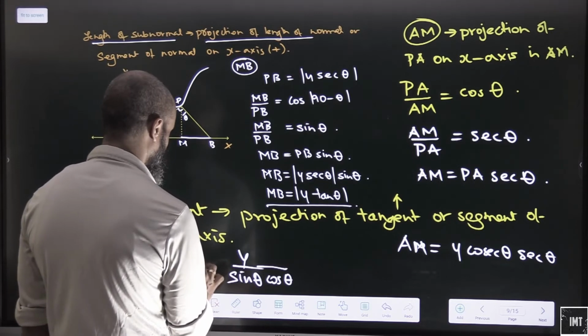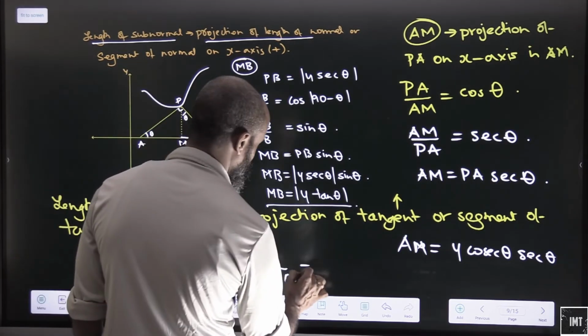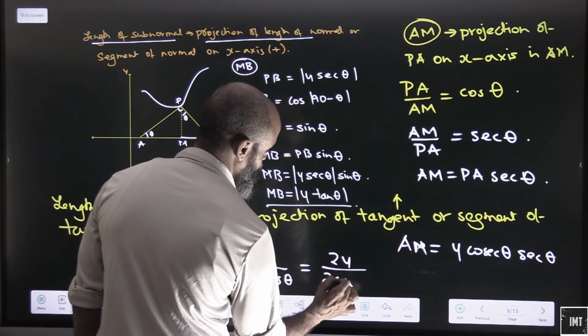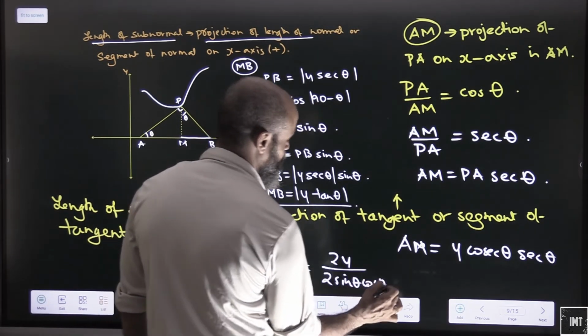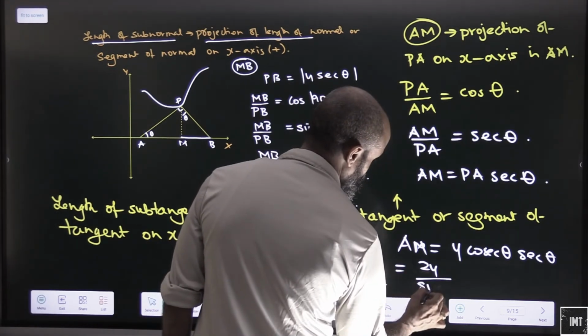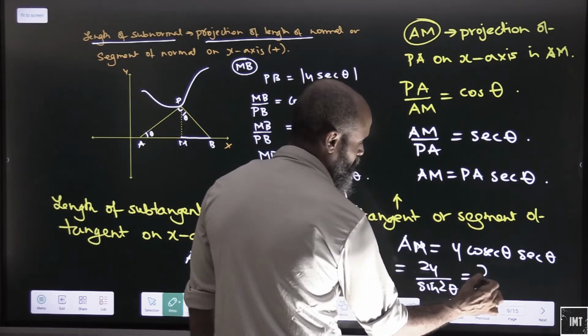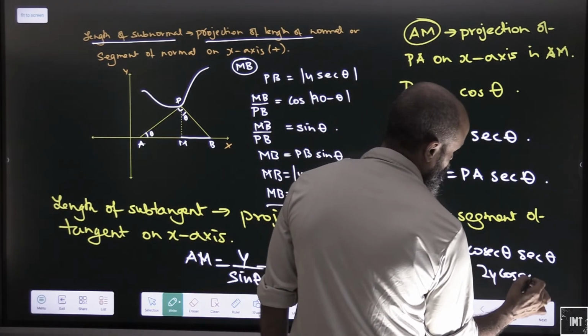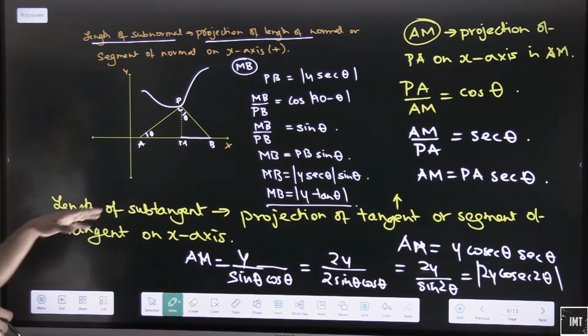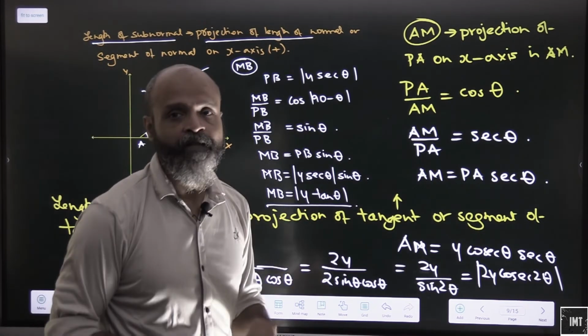So AM is equal to y by sin theta cos theta. It can be written as 2y by 2 sin theta cos theta, which is 2y by sin 2 theta, and this is going to be 2y cosec 2 theta, obviously the mod value. So these are the length of tangent, length of subtangent and length of subnormal.